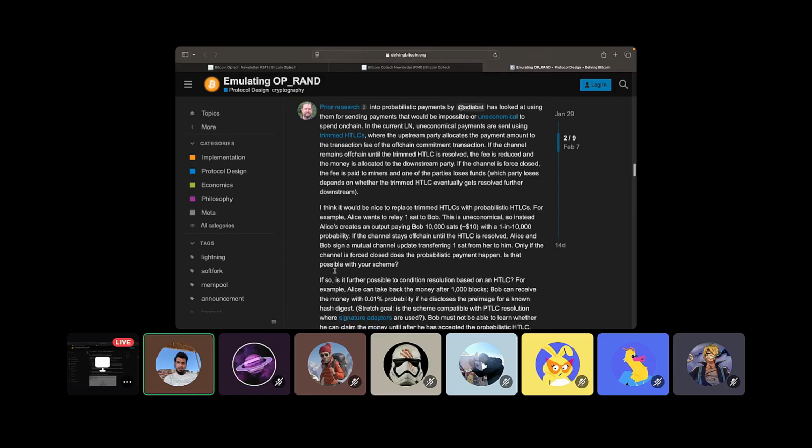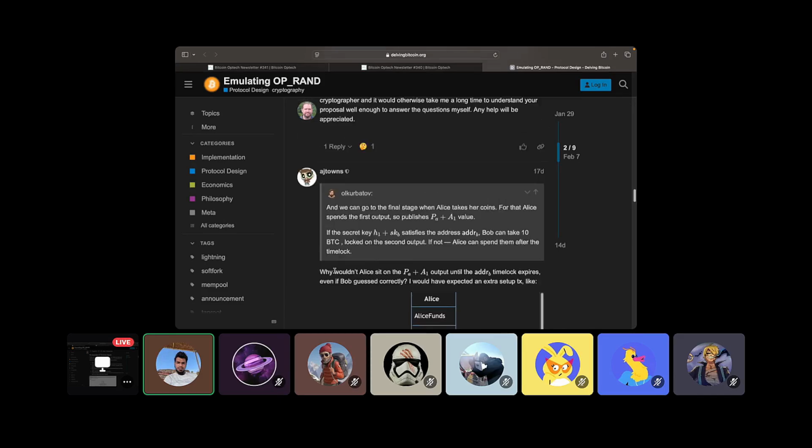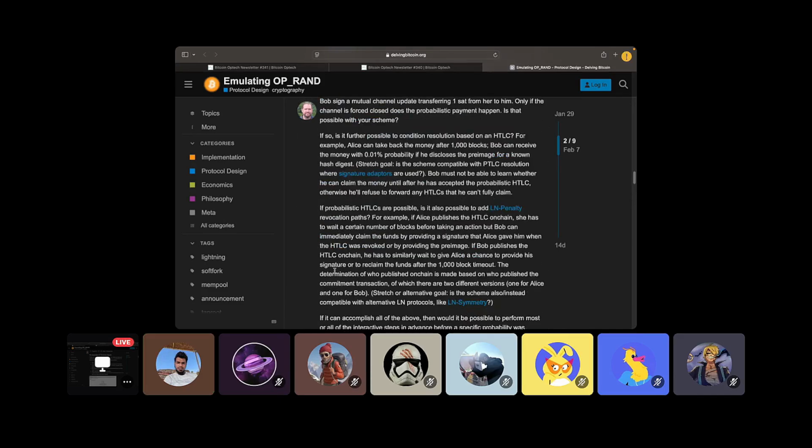All right. So without reading the entire passage and all the comments, because we won't have time to do that, what the suggestion is, just in case, let's say that we have a lightning channel between Alice and Bob. Now, Alice wants to pay one sat to Bob. Now, it's obvious, as I just explained, that HTLCs having values as low as one sat are uneconomical.